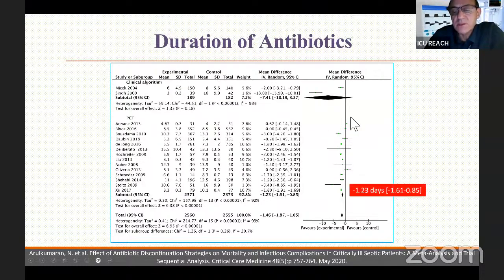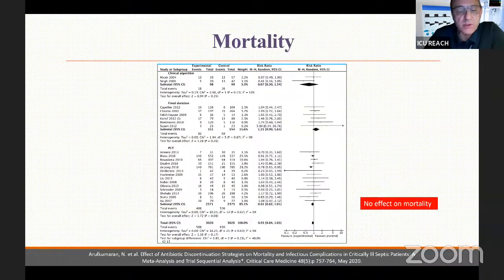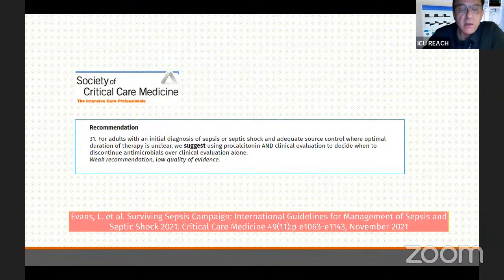They found that if you use this method, it will be associated with a shorter duration of antibiotics, but there's no difference in mortality when they put all the studies together. And the recommendation of the Surviving Sepsis Campaign is to suggest using procalcitonin and clinical evaluation to decide when to discontinue antibiotics.